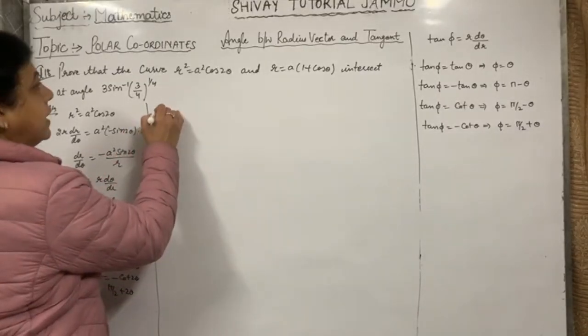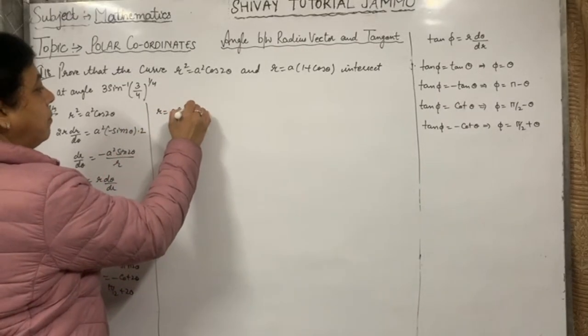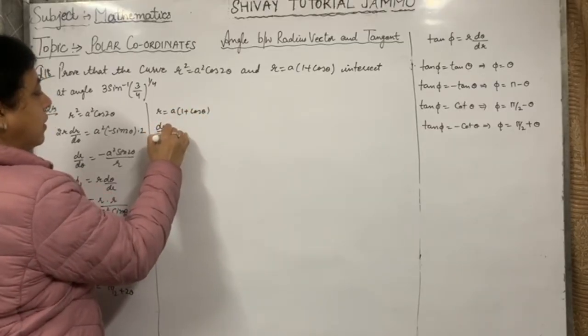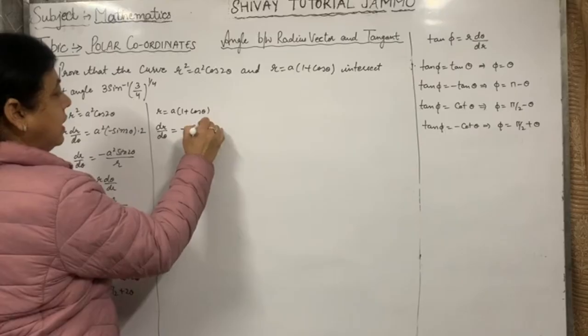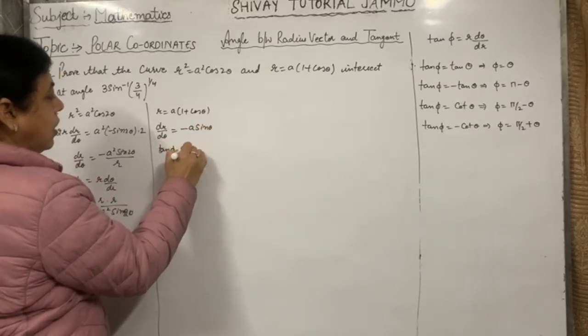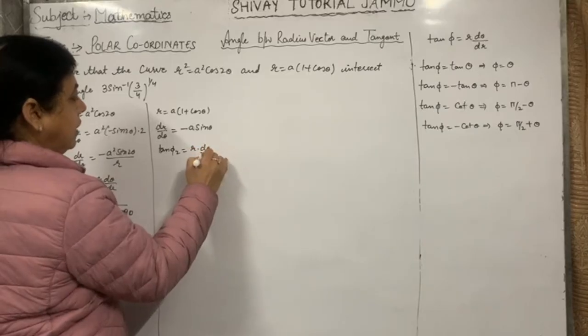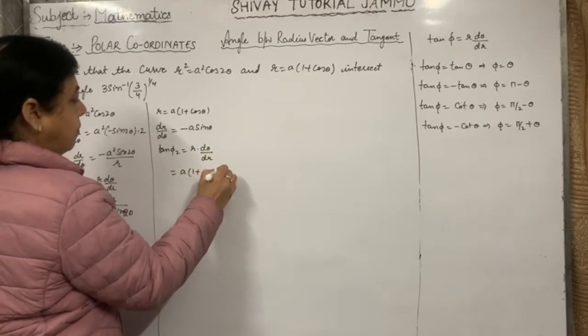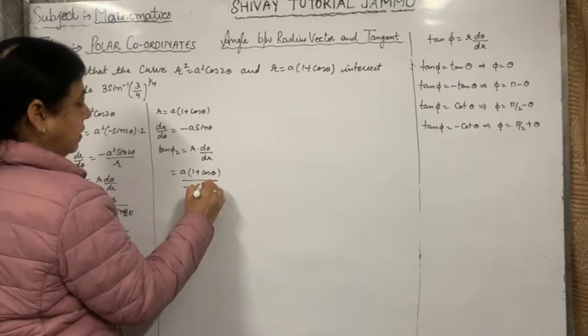Then the second curve is r equals a into 1 plus cos theta. dr by d theta is minus a sine theta. Tan phi 2 is r d theta by dr, a into 1 plus cos theta upon minus a sine theta.